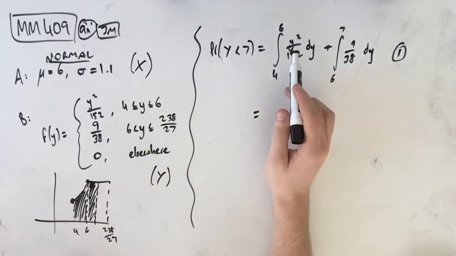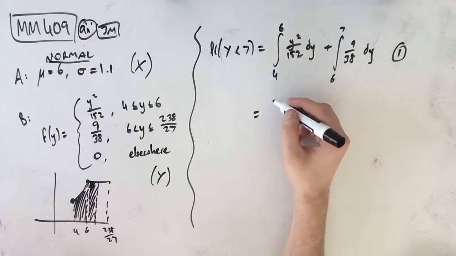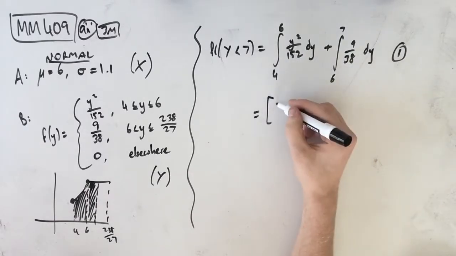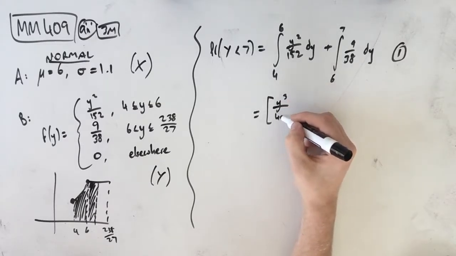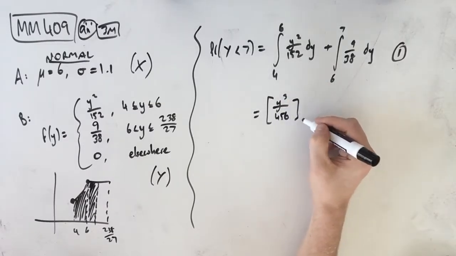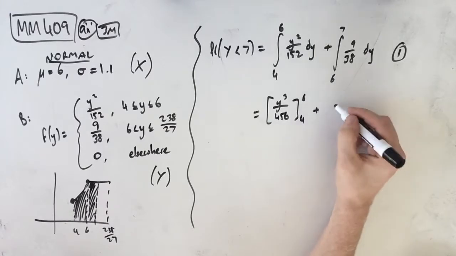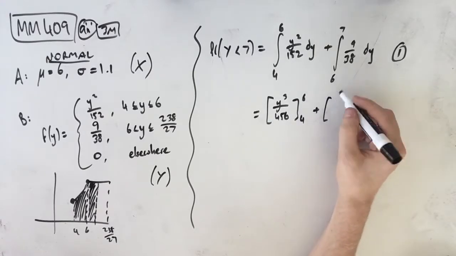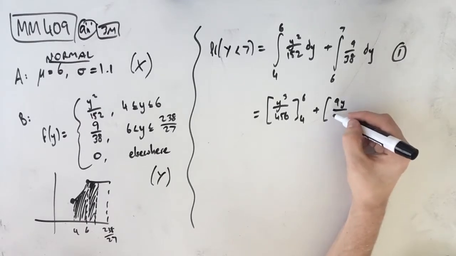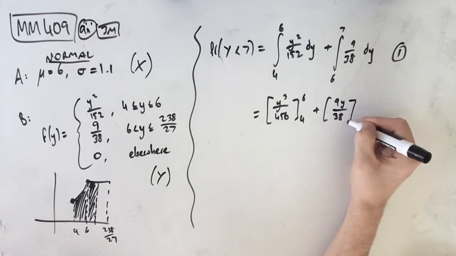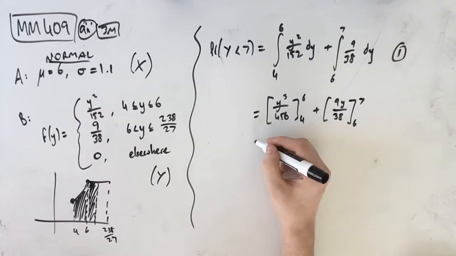Now what we do is we actually just integrate this as normal. So integration of y squared, we add 1 to the power, so y cubed, and then divide by 3. So what we get is y cubed on 456, again from 4 till 6, plus the integration, 9 on 38 is a constant, so all we do is just add a y on the end. So we get 9y on 38 from 6 to 7.